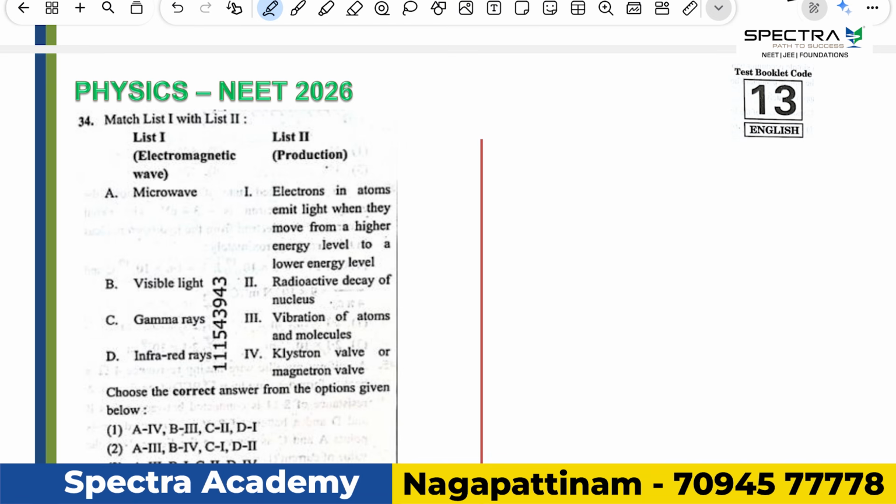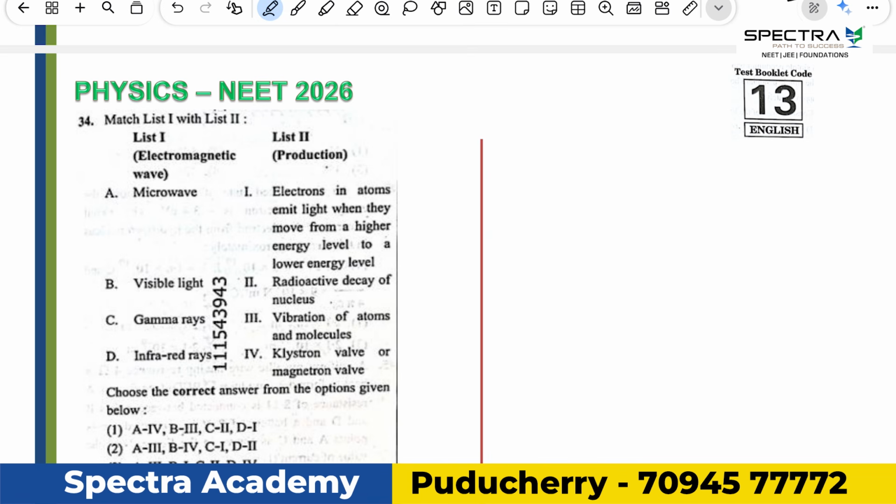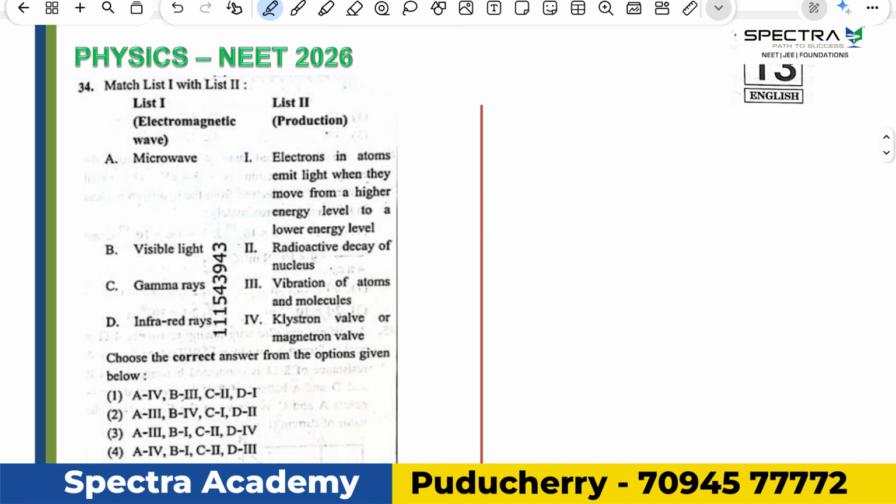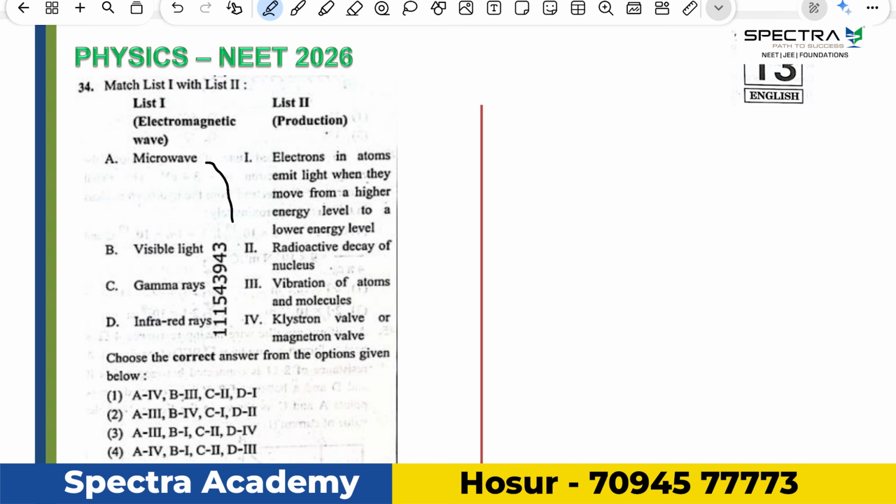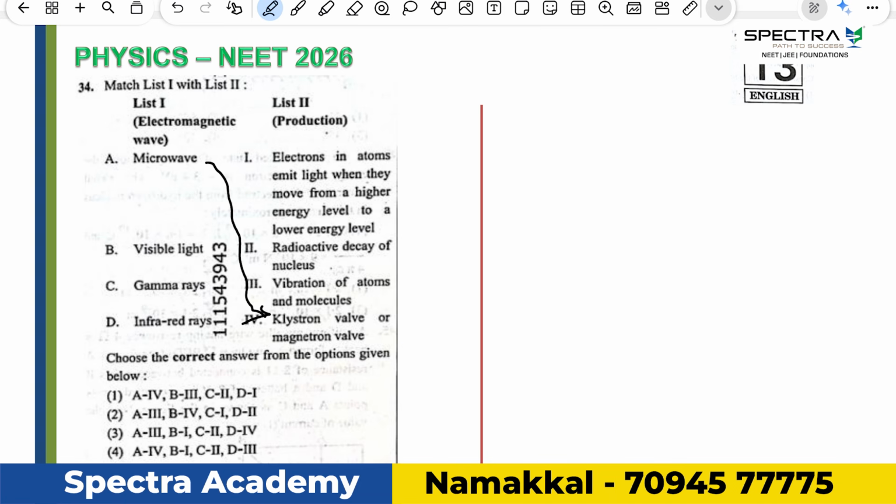So see here, we have studied the properties and uses of electromagnetic waves. Microwave is related to the klystron valve or a magnetron valve. So sorry, see here, microwave A should go to 4. There are two options, 1 and 4.